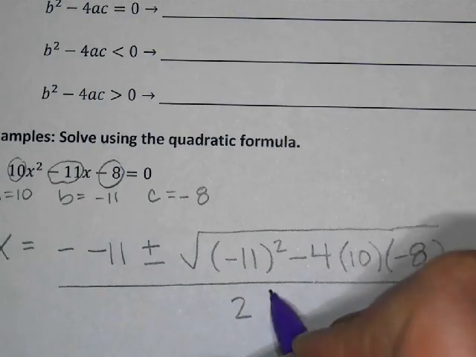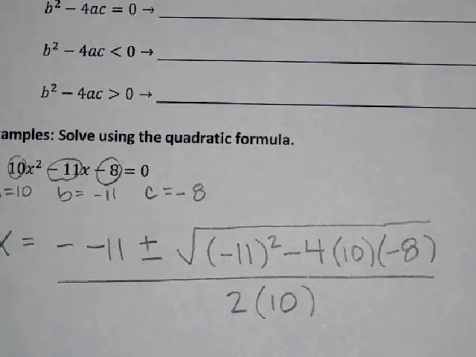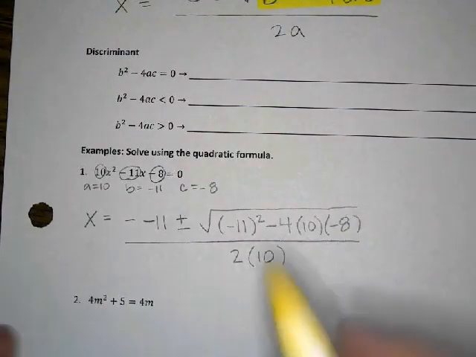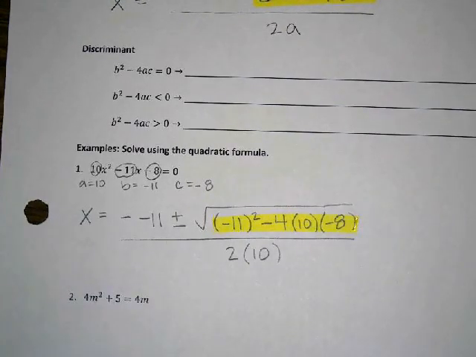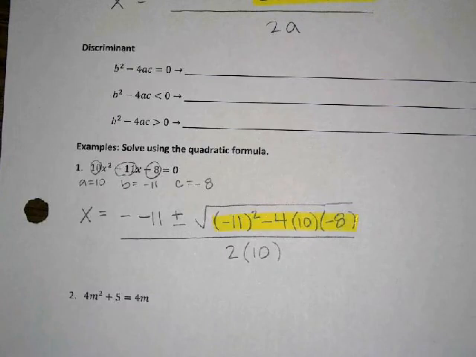So 2 times a. Okay, now the part that I'm going to plug into my calculator first, like I said, is the discriminant. So this part goes in my calculator first. And notice when I highlighted this, I highlighted the part underneath the square root. I did not highlight the square root. So we're not plugging the square root in our calculator.